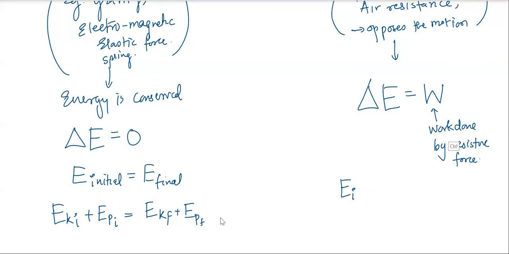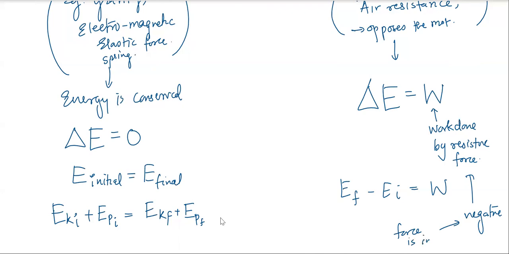So I can remember this change in energy to be equal to EF minus EI. Now this work done will give me this. And most of the time this work done is negative, because the force is resistive, so the force is in the opposite direction of the displacement.